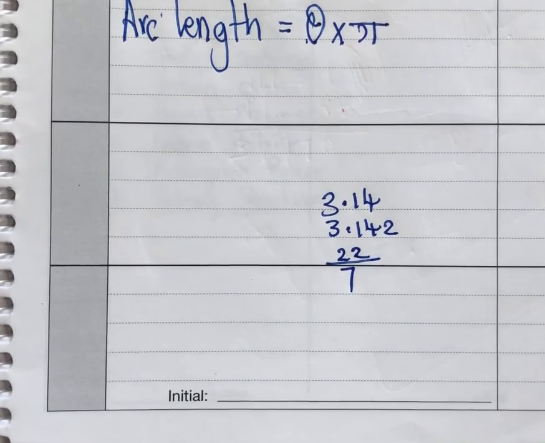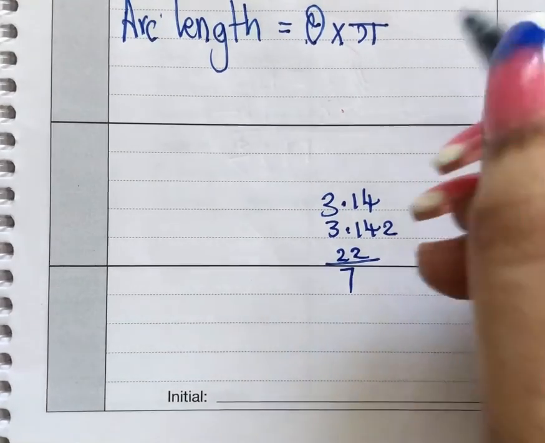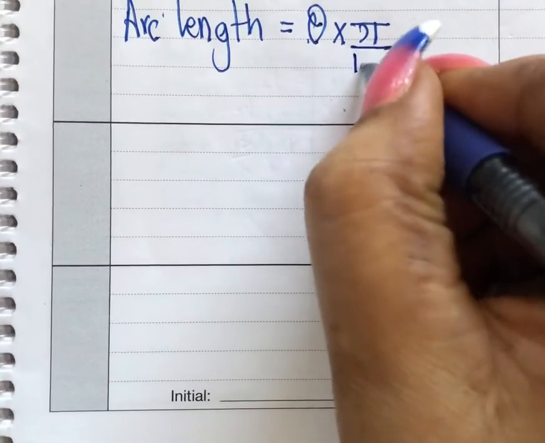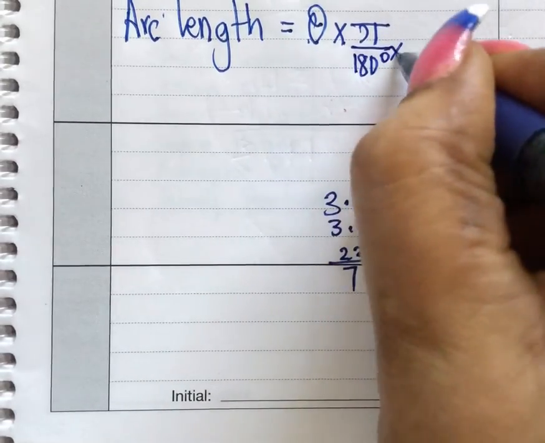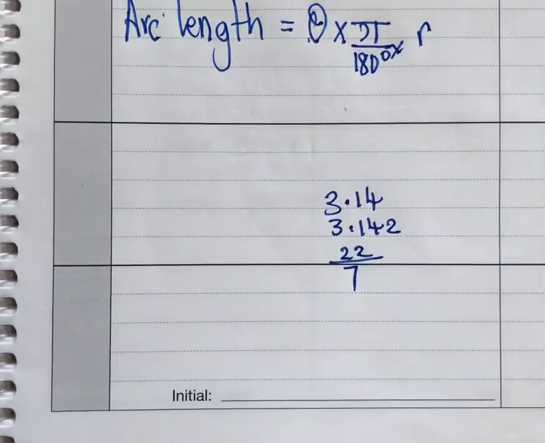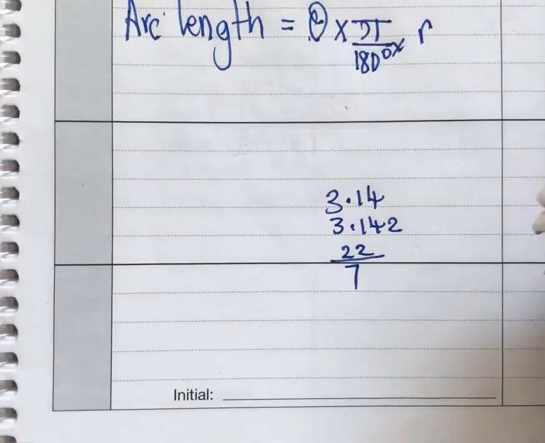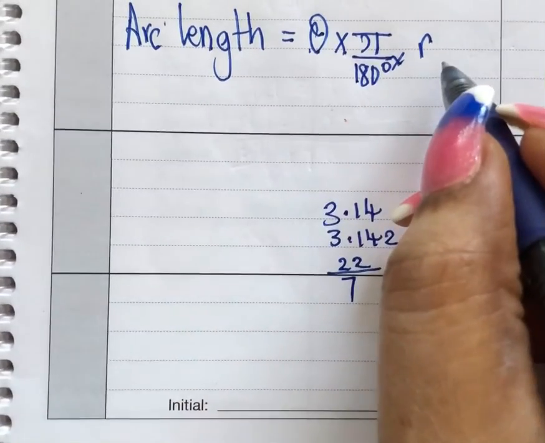It depends on what the question asks you to use for your pi. That is being divided by 180 degrees, and we multiply it by r. R will be the radius that they are going to give us, okay? So that's our arc length.